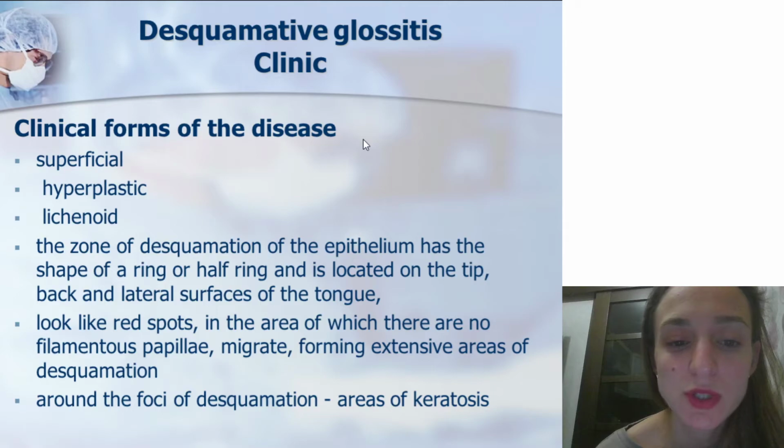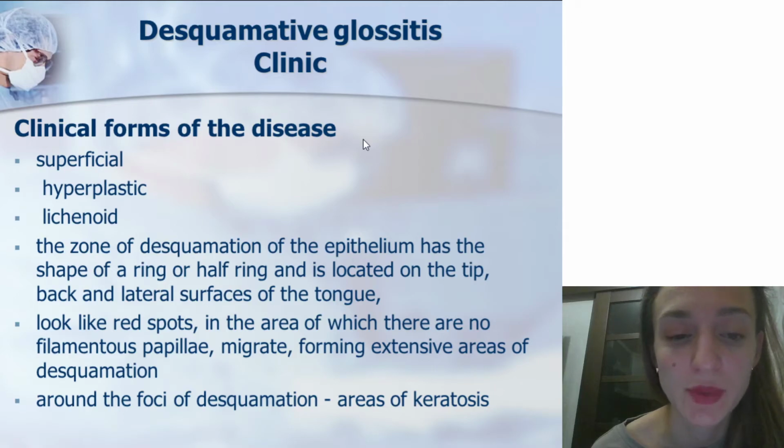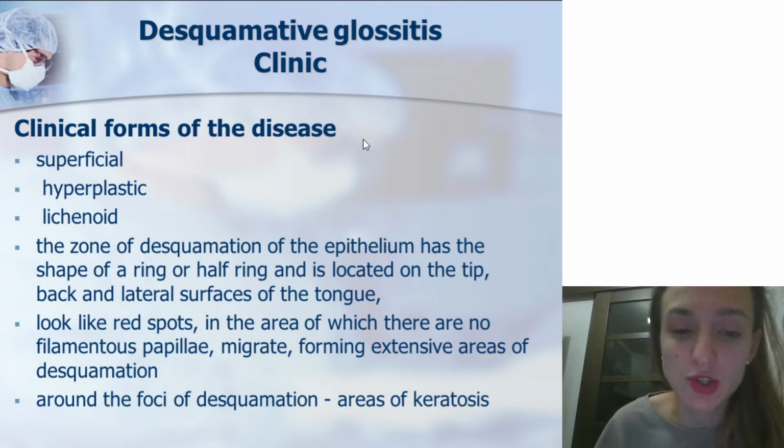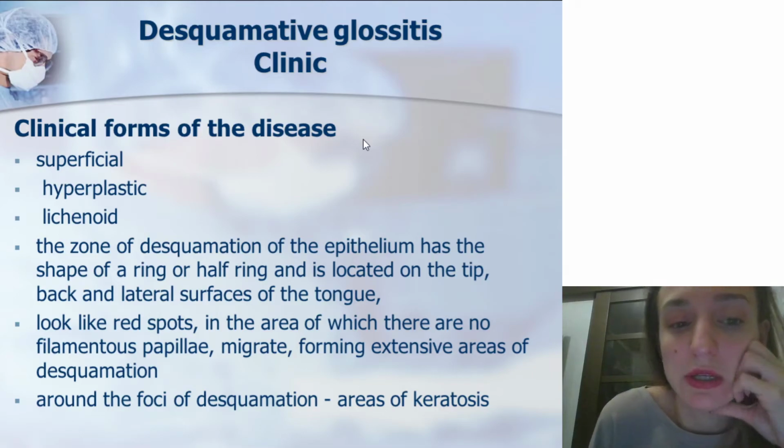The spots expand irregularly and progressively. They occupy new areas, and several desquamation areas of oval or circle shapes overlap, forming a bizarre picture. The general condition of the child is practically unchanged.